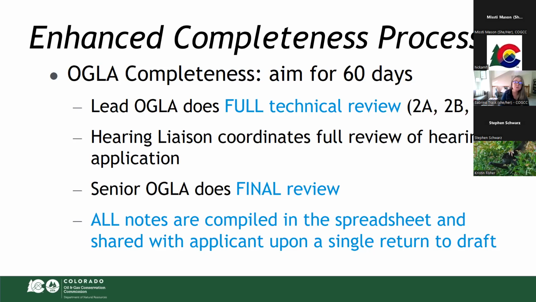We'll email the spreadsheet to you, and push the Form 2A, 2B, 2C, hearing application, whatever needs to go back for corrections, back to draft for you. Next slide, please.